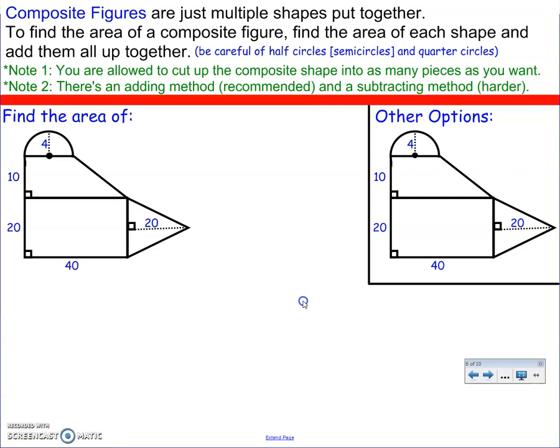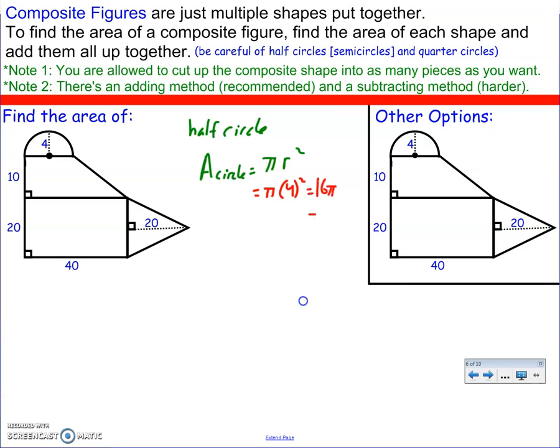But here's a shape, find the area of this giant thing. Notice the top has a semicircle, half circle. So we're going to do the circle formula. Area of a circle equals pi r squared, but then I'm going to divide by 2. So do we know the radius here? The answer is yes, we know it's 4. So it's going to be pi times 4 squared, so that is 16 pi.